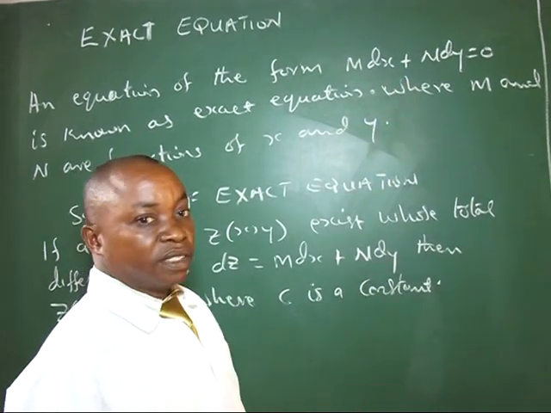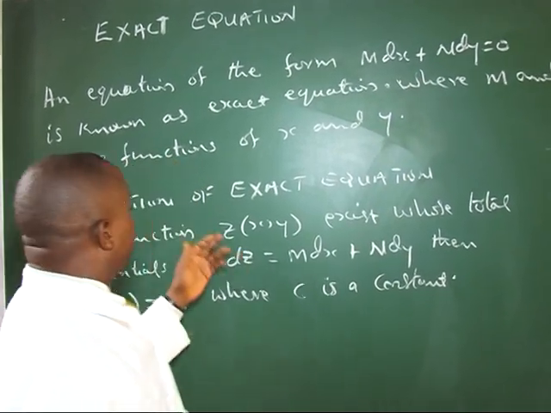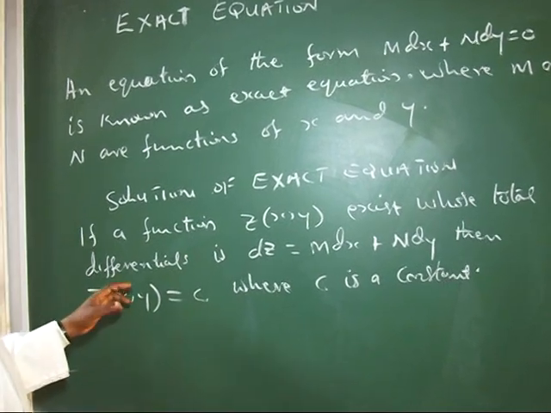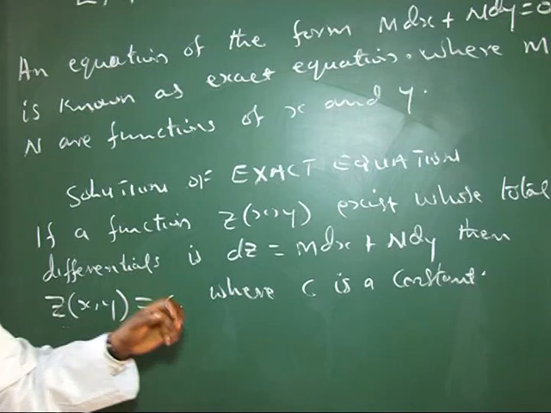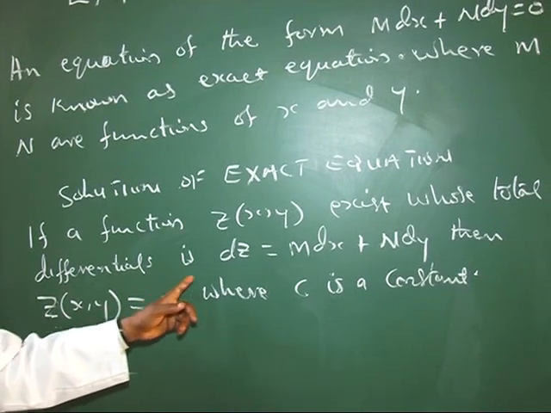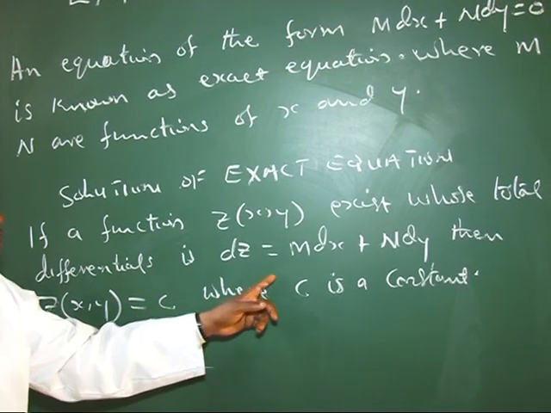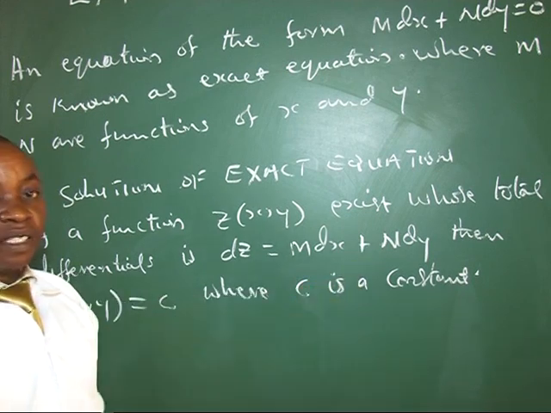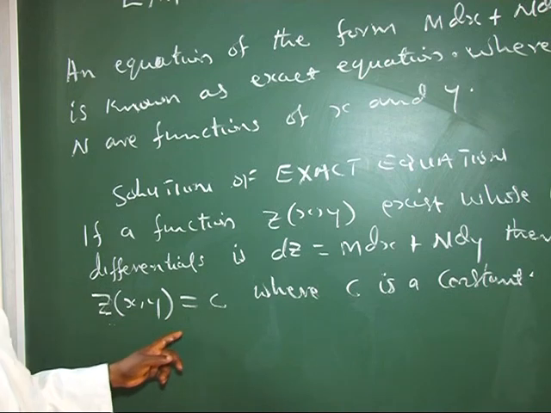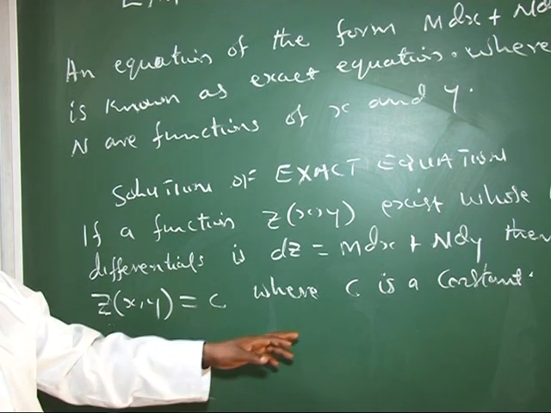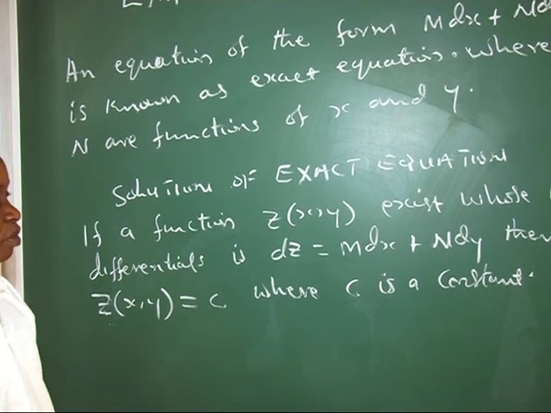Same thing for N. Now, the solution of an exact equation: if a function z of x, y exists whose total differential dz is equal to M dx plus N dy, then z of x, y is equal to c, where c is a constant, will be the solution.